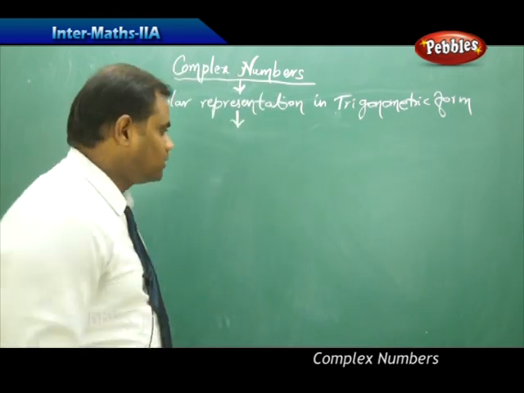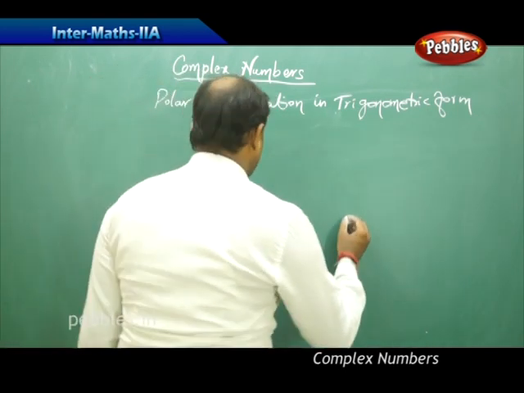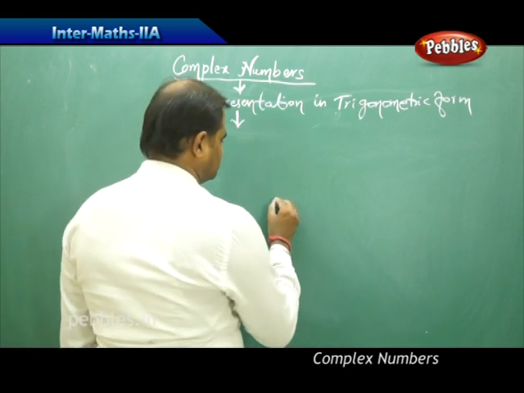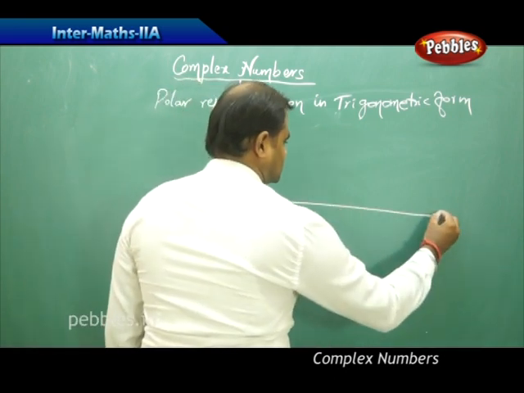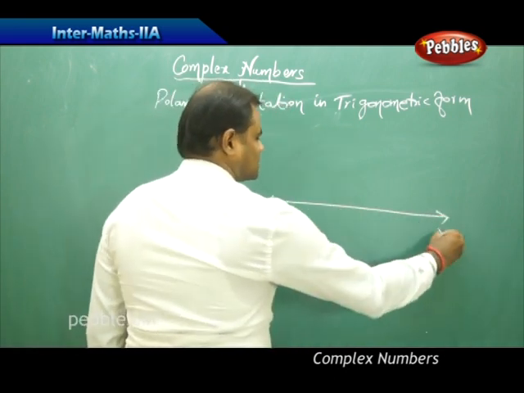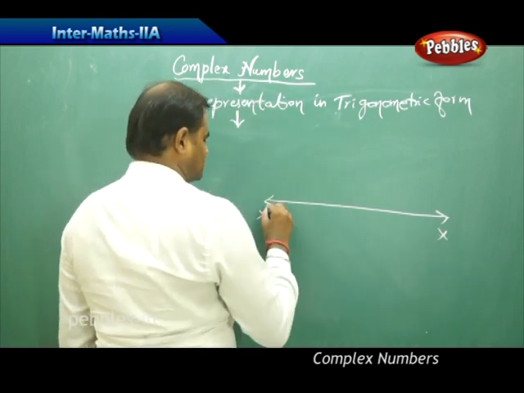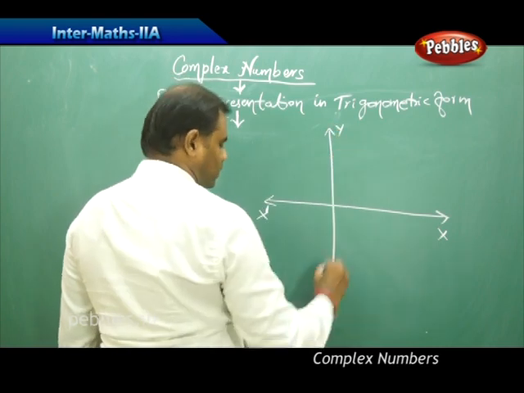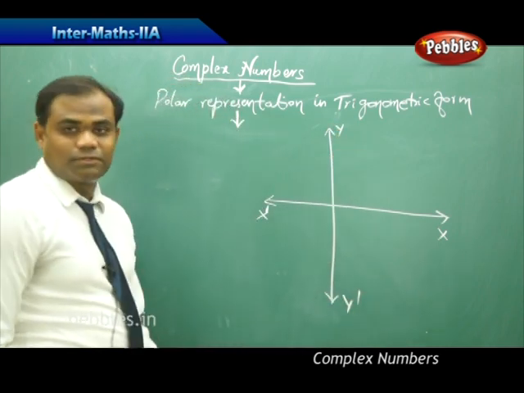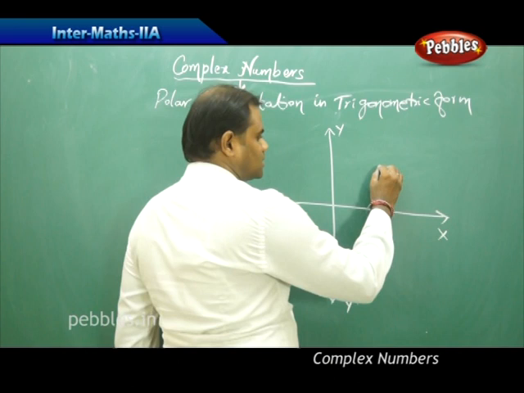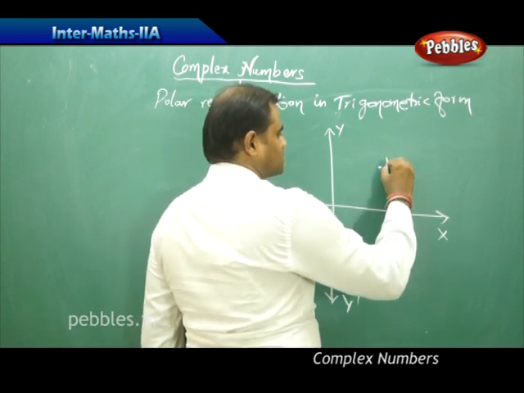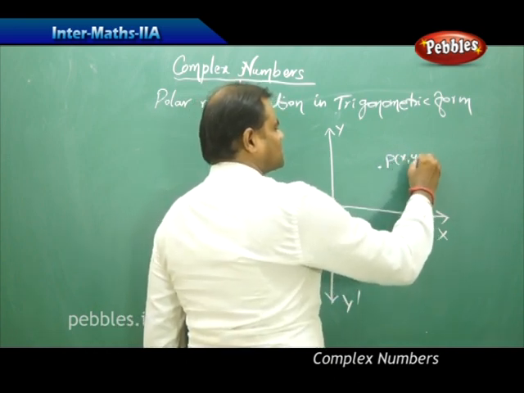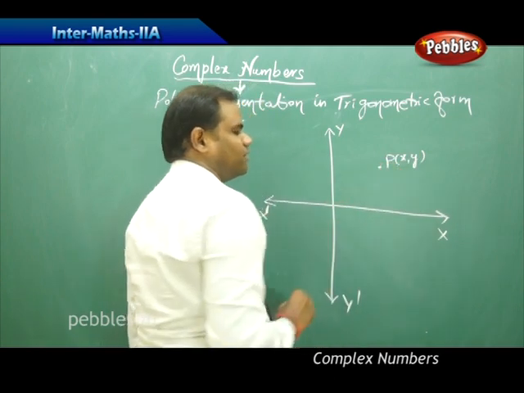So let's take the initial line as taken in the previous case. This is x, x dash, and this is y, y dash, through which I take a Cartesian representation of point P, (x, y), which I take somewhere here.